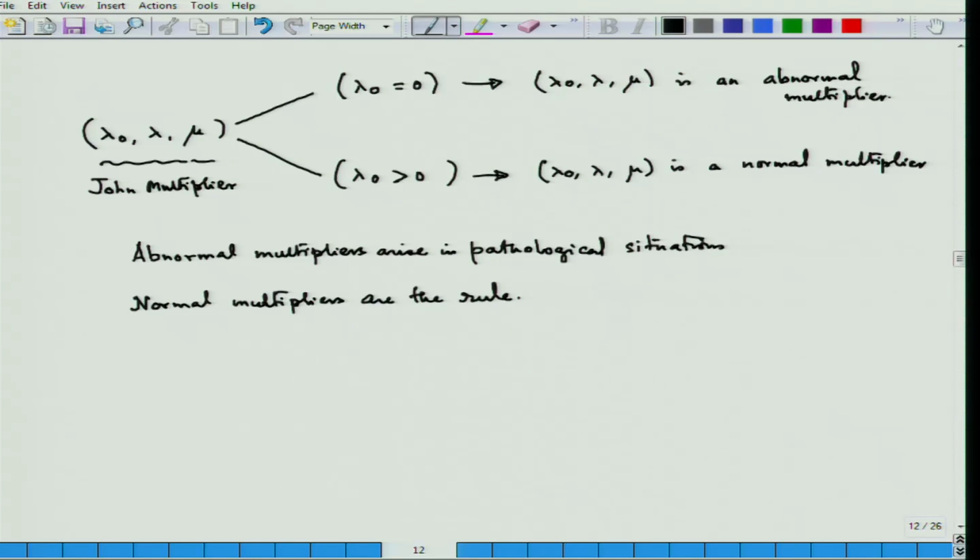Now, it is very important to realize the following fact: normal multipliers are sometimes also referred to as the Karush-Kuhn-Tucker multipliers, right.